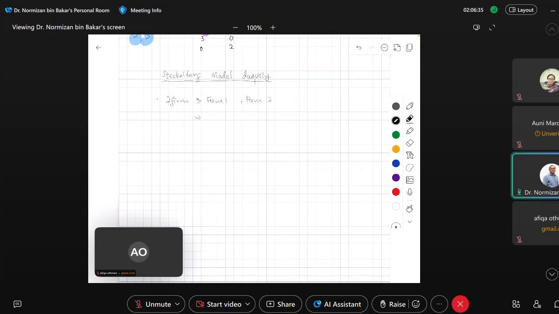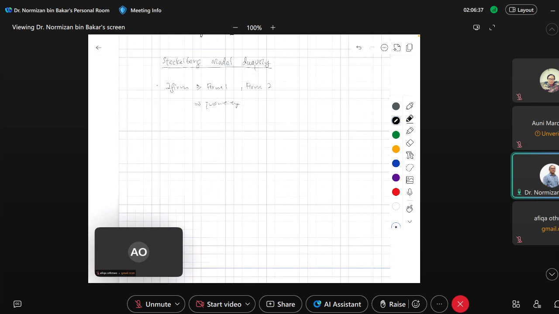So we can illustrate this simply in a game where we use game theory to show it. Let's say we have firm one at the first stage. Firm one chooses the quantity. There are a lot of quantities that firm one may choose, from 0 to 1, 2, 3, and until might be infinite, some infinite amount there.